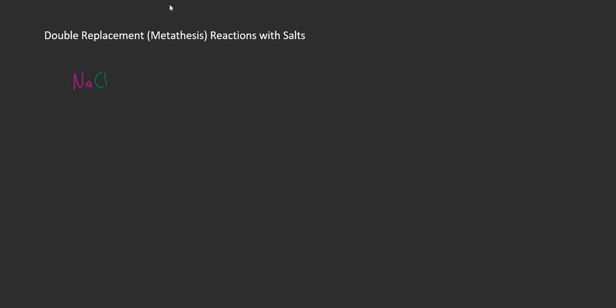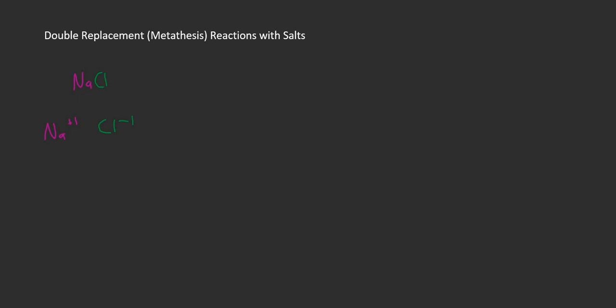So if you were to use the diagonal rule, let's say we would do it for sodium chloride. So we'll take sodium ion, which has a +1 charge, and we'll take chloride ion, which has a -1 charge.